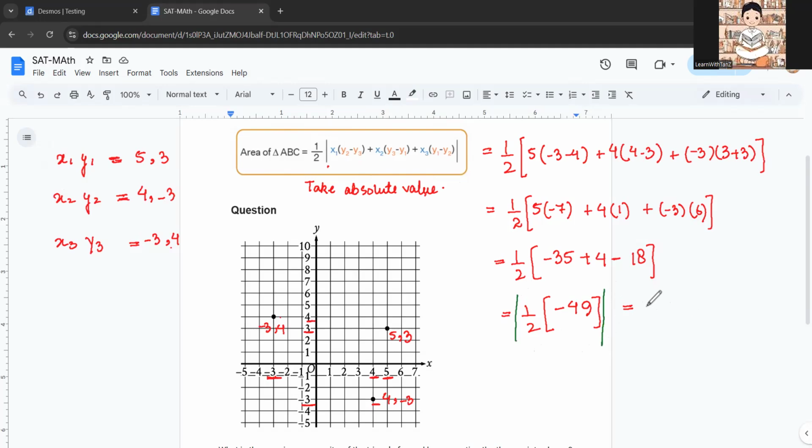So it's the absolute value of negative 49 over 2, which is equal to 49 over 2. Or you can convert it to decimal. In the decimal form, it will be 24.5 unit square. It will be in square units.